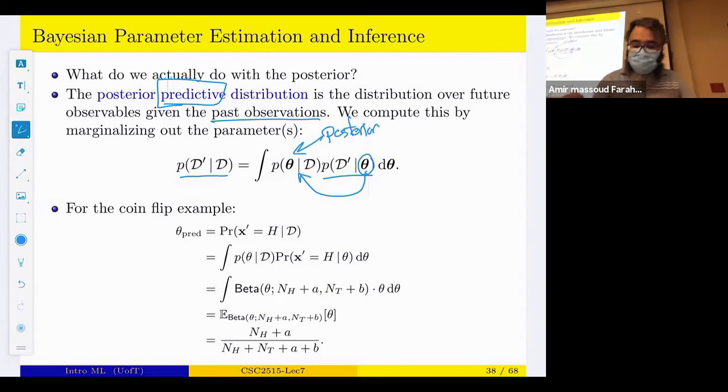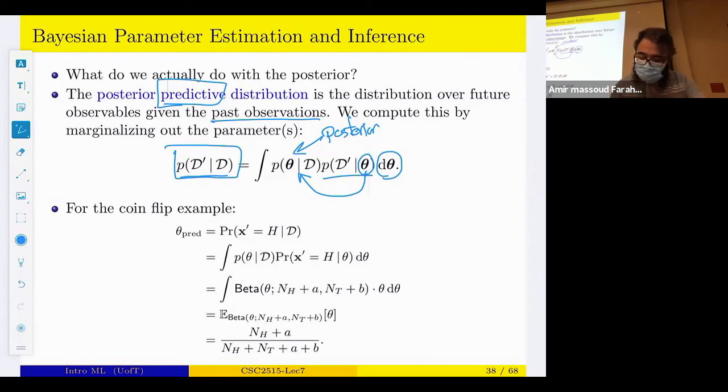So we integrate over all these values of the parameters. There is integration involved to get the posterior predictive distribution. In general this is not easy, but for the coin flip example, we can do it.